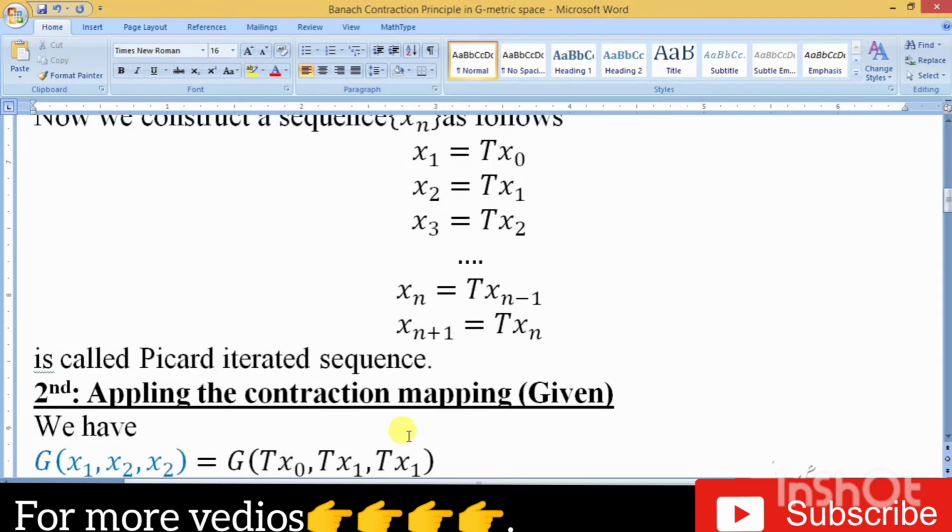The second one is applying the contraction mapping, whether the given contraction is a Banach contraction, or Kannan type contraction, or Chatterjee type contraction, or Hardy-Rogers type contraction, or any contraction which fulfills the terms of the sequence in fixed point theory.